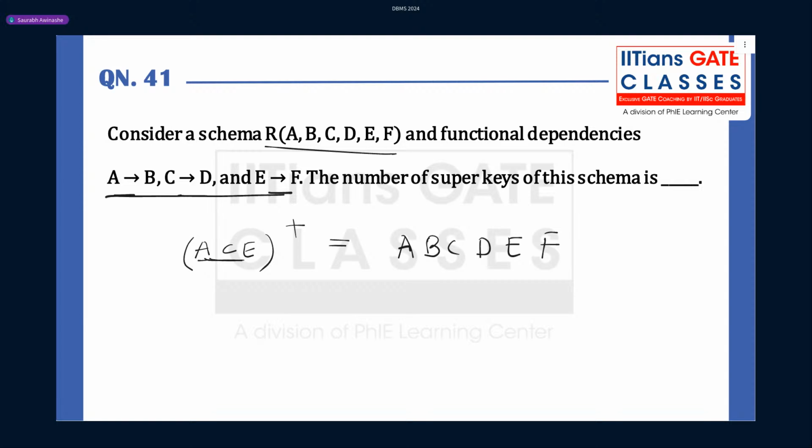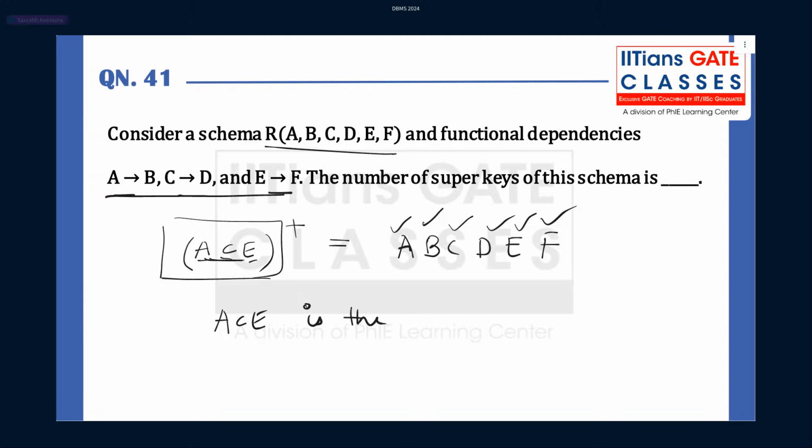Now let's try to calculate the closure. A plus gives you A and B. C plus will give you C and D, and E plus will give you E and F, right? So clearly ACE is the candidate key, right?